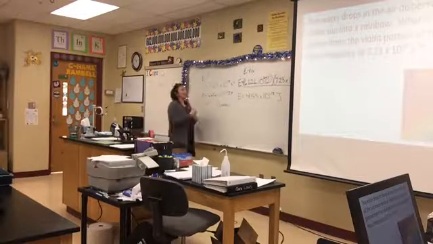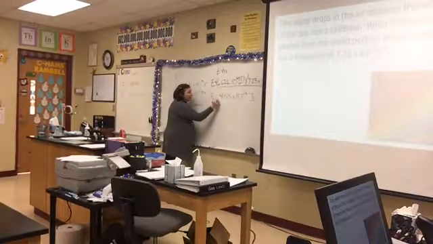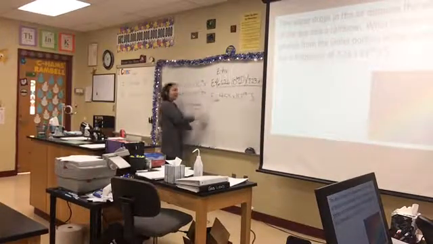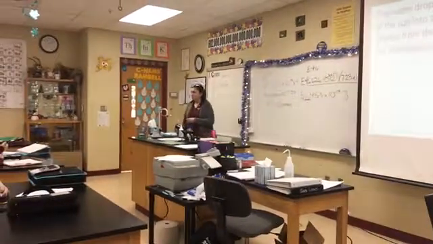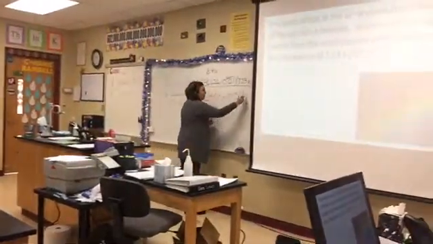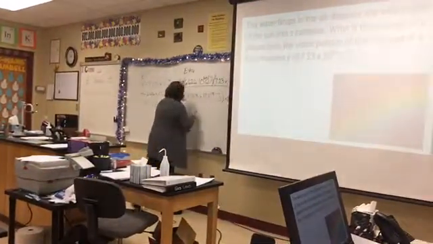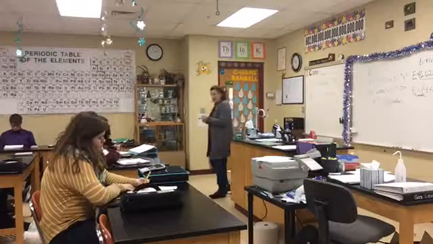If this is the energy right here, this is of one photon. This is just for one photon. If I have 10 photons, what would I do? Multiply by 10. I would just multiply this thing by 10, because it's a bunch of different little photons together. Does that make sense? Yeah.